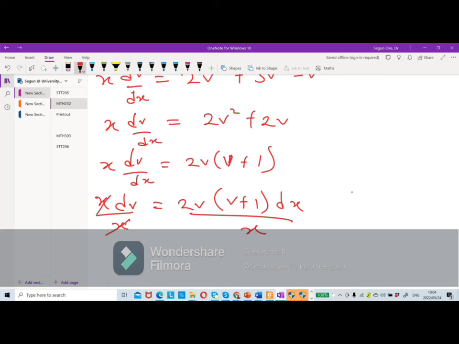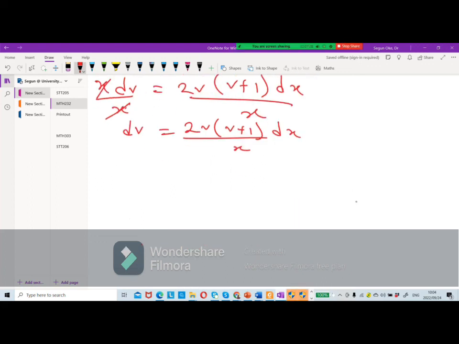This one cancels this. I have dv equals 2v into v plus 1 dx over x. So I need to eliminate v into bracket v plus 1. So I divide both sides by v into bracket v plus 1.